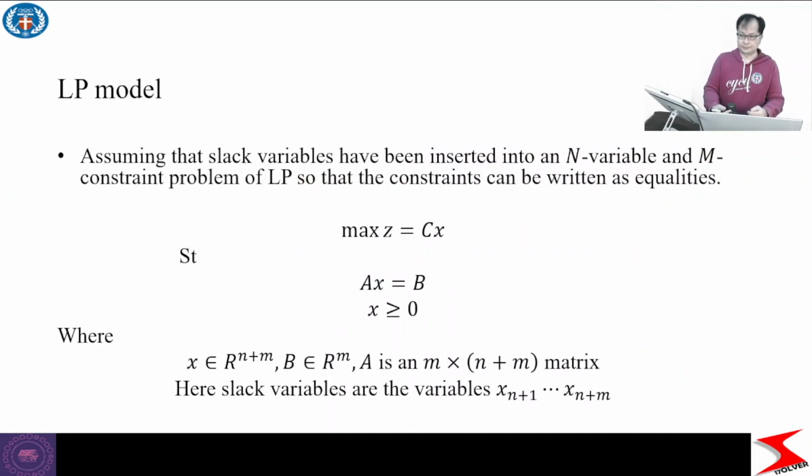So now we have LP models. Okay, and we will do some modification in order to do the proof. We assume that we added the slack variables into an n variable and m constraint LP problem, and all of the inequalities become equalities.